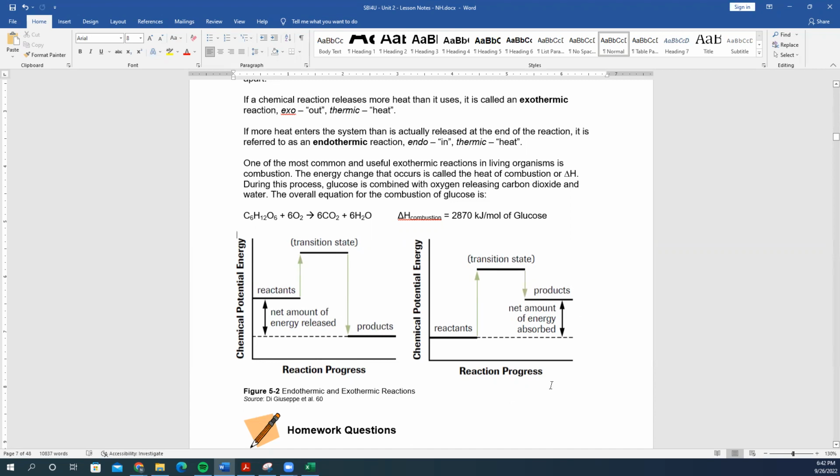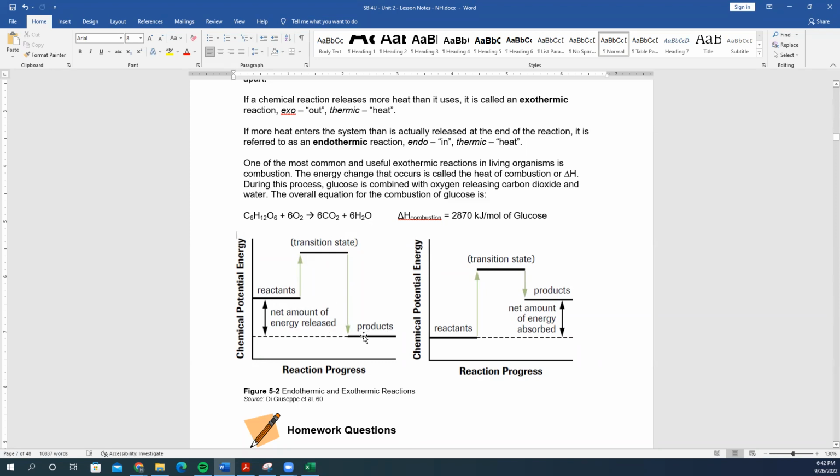So here in this case, we start off with reactants that have a higher chemical potential energy, and once the reaction is finished, the products are at a lower chemical potential energy compared to the reactants. So overall, you can see that there is a net amount of energy that was released.